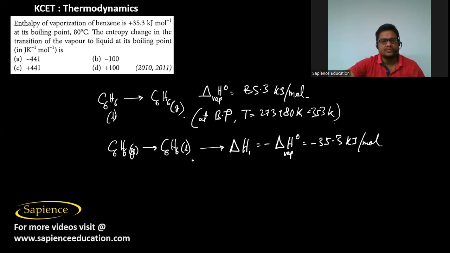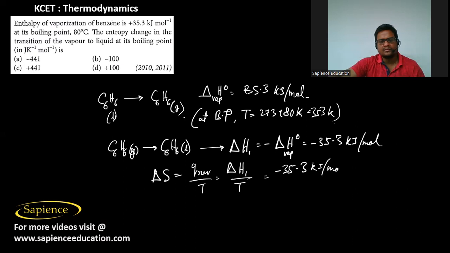So here the entropy change we have to find, that is delta S, equal to Q reversible by T. So it is equal to the change in enthalpy delta H1 by T. That will be minus of the enthalpy of vaporization, that is minus 35.3 kilojoule per mole, divided by 353 Kelvin.